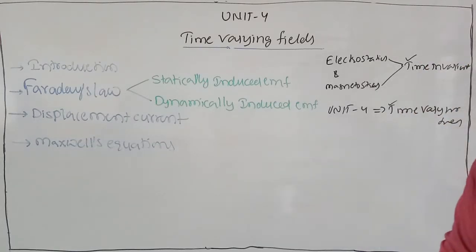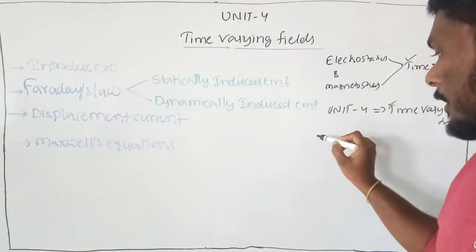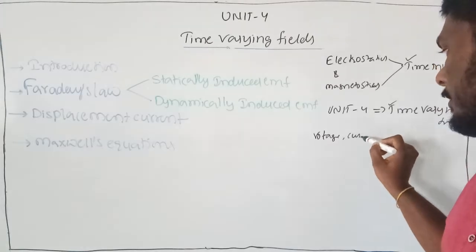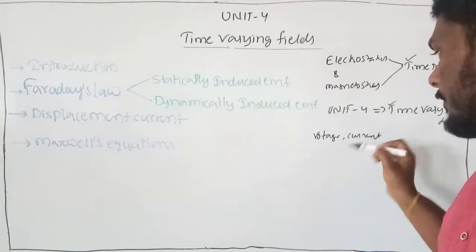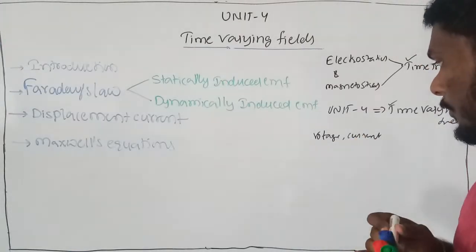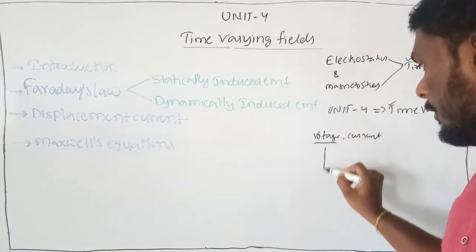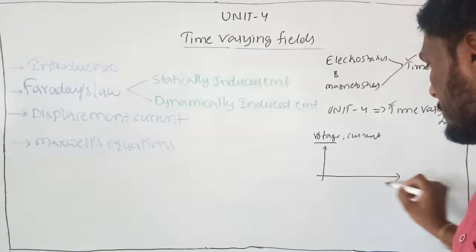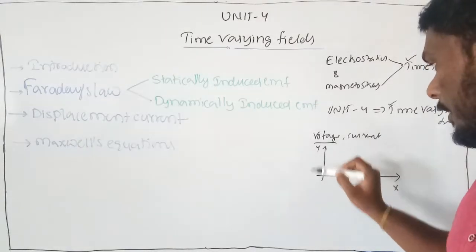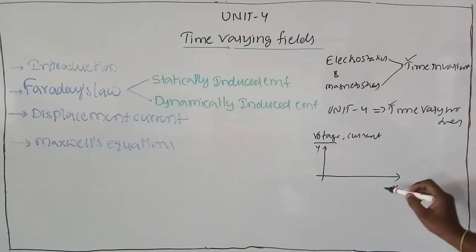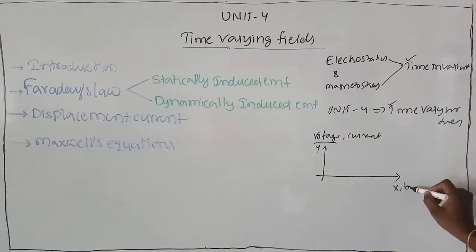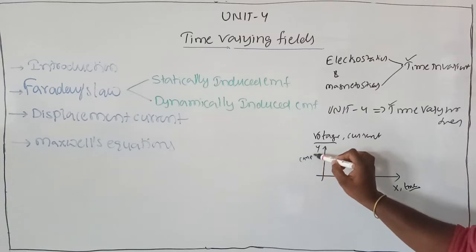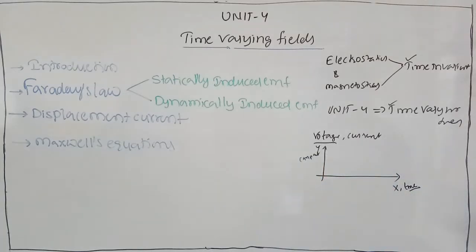Suppose there is a quantity, in your terminology voltage or current, so a voltage wave and a current wave. If you take the voltage wave on the x and y axes, on the x axis you take the time component, and on the y axis the magnitude of voltage or current.